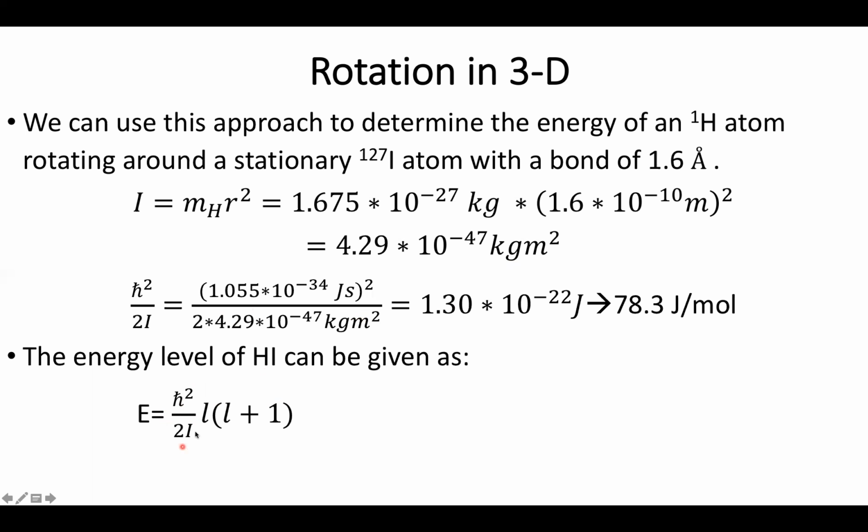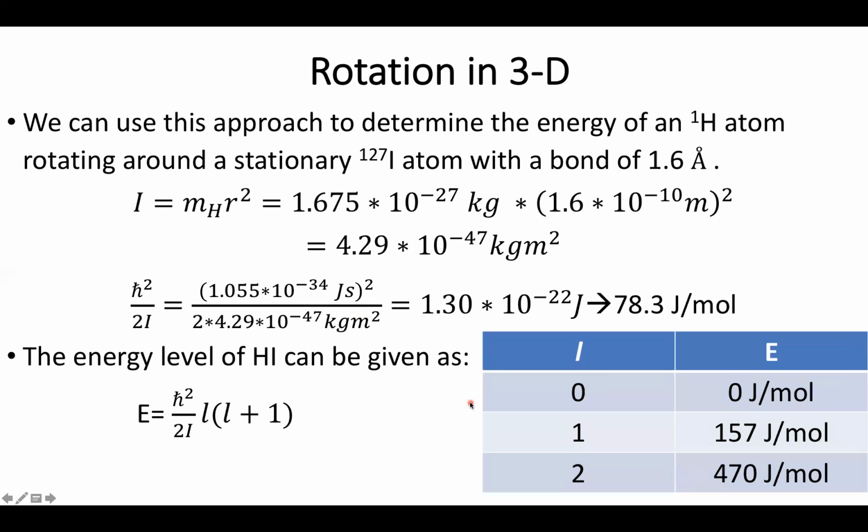So we're going to have a general separation of h bar squared over 2I. And then again, the actual location of the levels will be dictated by our angular quantum number, L. So if I have an L of 0, I've got no rotational motion, energy of 0. If I have my first rotational excited state, energy can now simply be given as twice this separation because, again, L of 1, this becomes 2, this is 1, fairly straightforward.